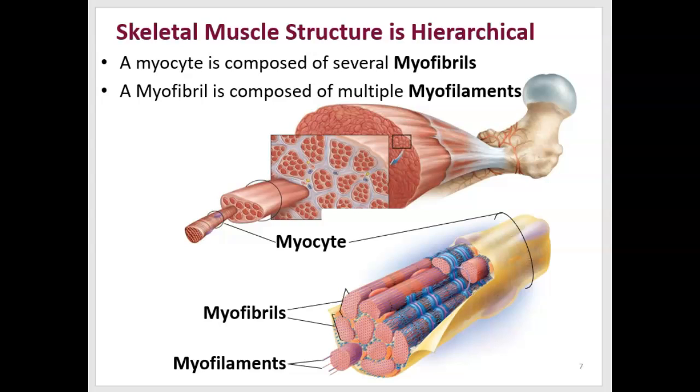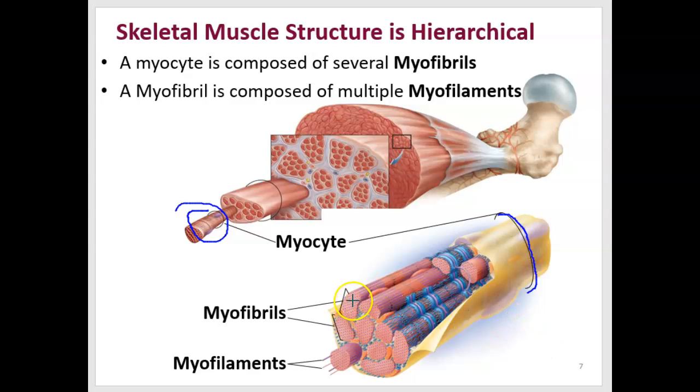If we look even more magnified, we're going to see more subdivision. For example, an individual myocyte, which I circled in green previously, I'll circle here in blue. It's right there. And then we've got it blown up on the lower right, and it's composed of many myofibrils.